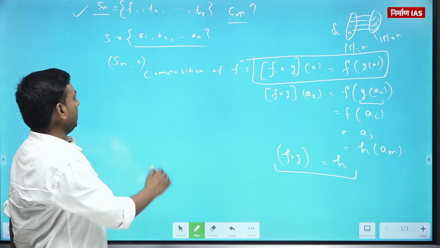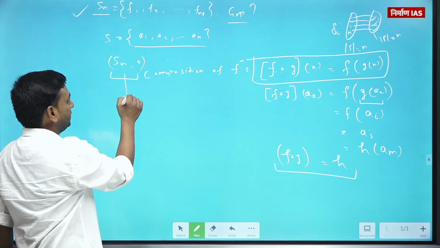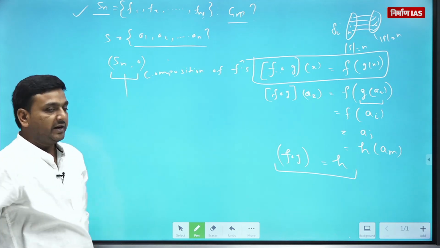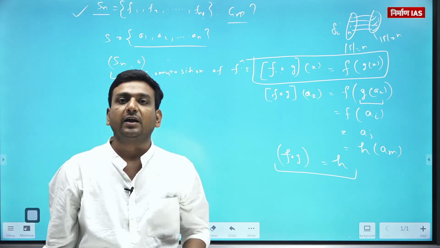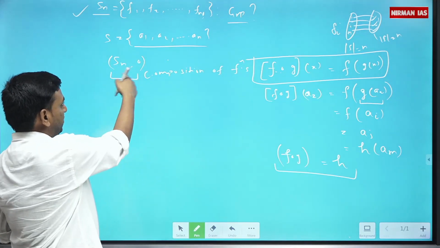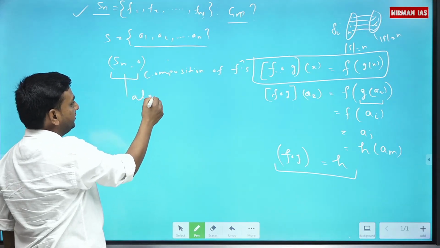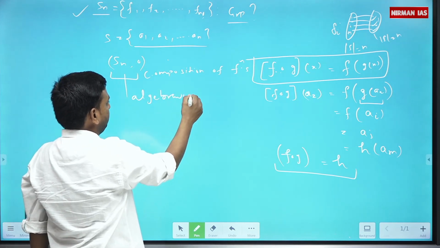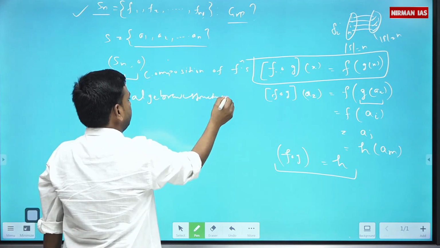So this composition is a binary operation on the set Sn, or you can say this structure is an algebraic structure. Is that clear to you all?